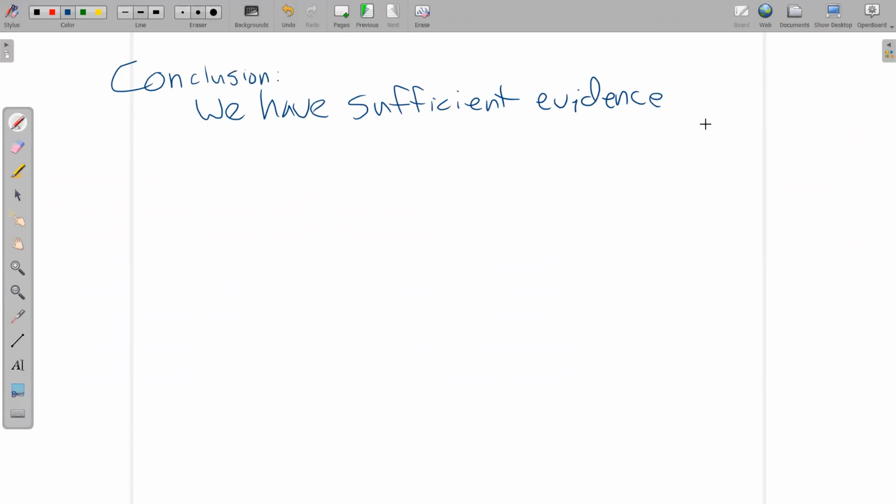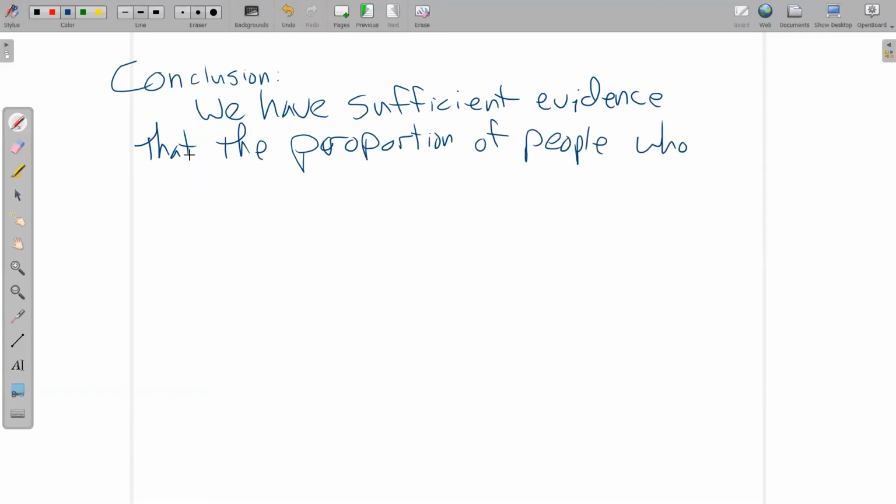We have sufficient evidence that my parameter, the proportion of people who own cats, is not 10%. I could say significantly different there, but my mom would like is not 10%. It means the same thing, but it's slightly plainer language.